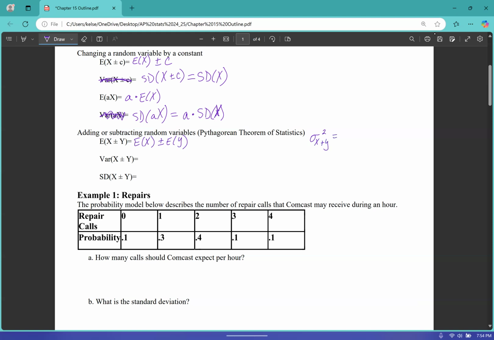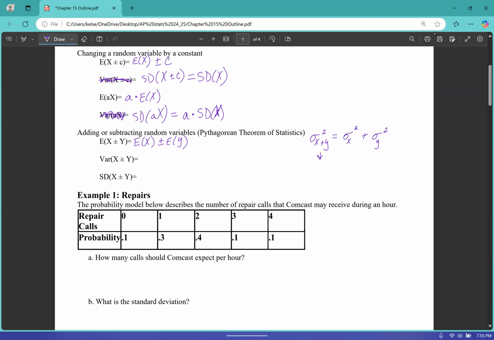So that will be the variance of x, the standard deviation of x squared, so it's sigma squared, plus the variance of y. So remember, variance is sigma squared. But now we want to get just the standard deviation, so we have to do the square root there. The variance is the standard deviation squared.